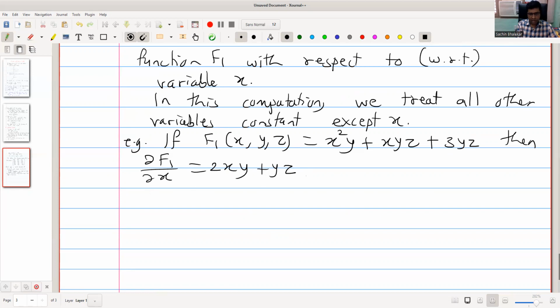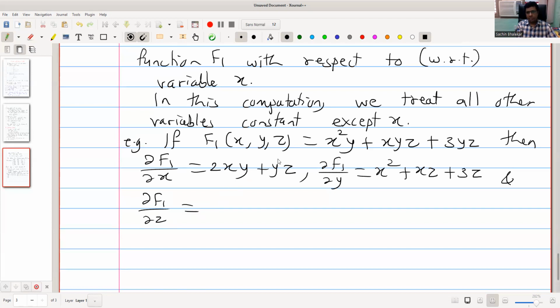Similarly, we can have partial f1 with respect to y. So here in the first term it is x square, in the second term it is xz, and in the third term it is 3z. And partial f1 with respect to z: here z is absent, so 0.